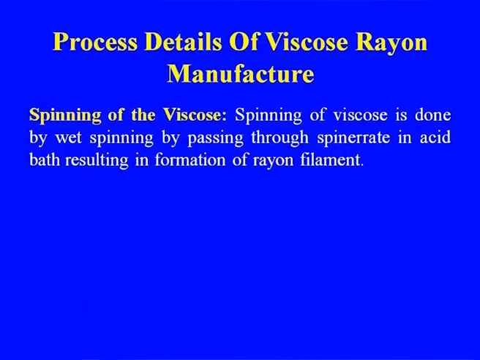Now let us discuss the spinning of the viscose, because as I told you, what we are doing here is wet spinning, and this is also called the regenerated cellulose fiber. So spinning of the viscose is done by wet spinning, by passing through a spinneret in an acid bath, resulting in the formation of rayon filament.